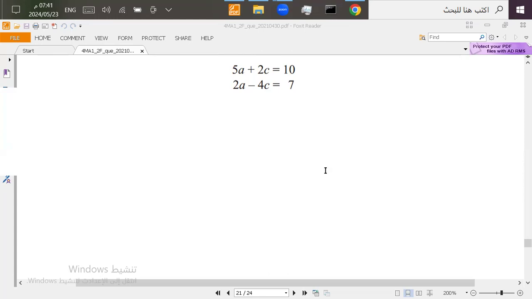You have to have the same coefficients so you can eliminate the variable. So I'm going to take the upper equation and multiply the whole equation by 2, so I can have 4 the same as the one here. So I'm going to multiply it by 2.